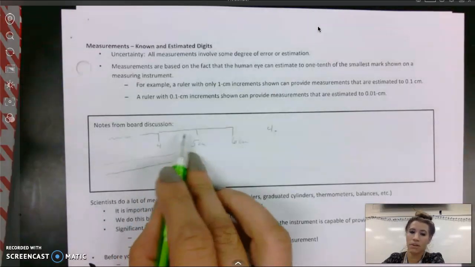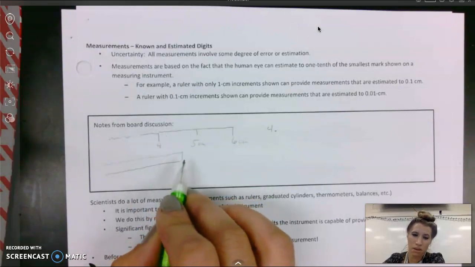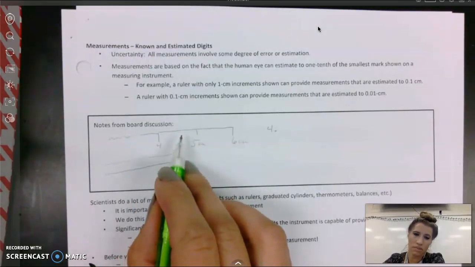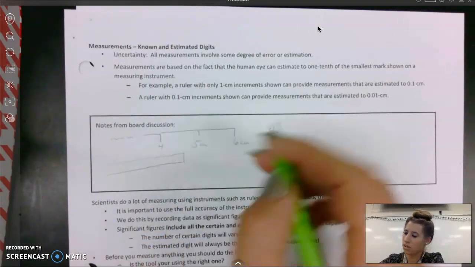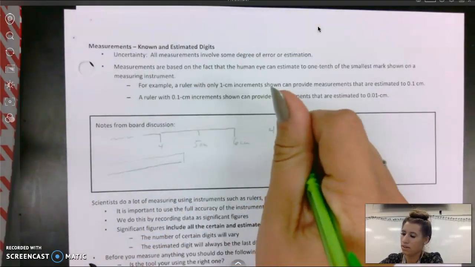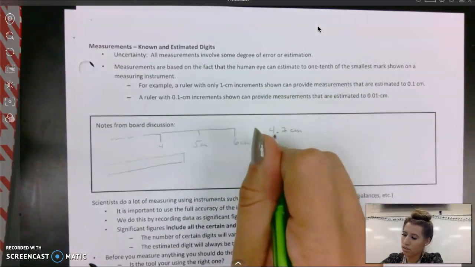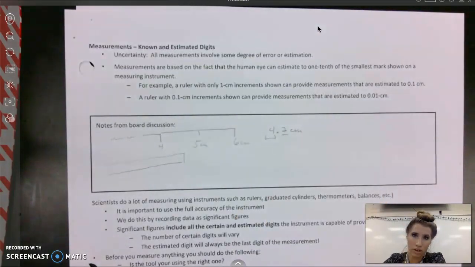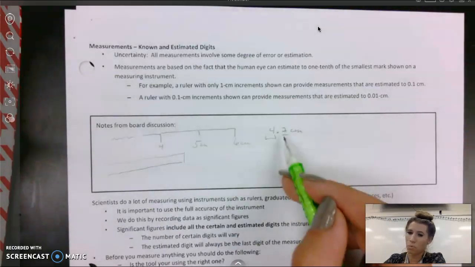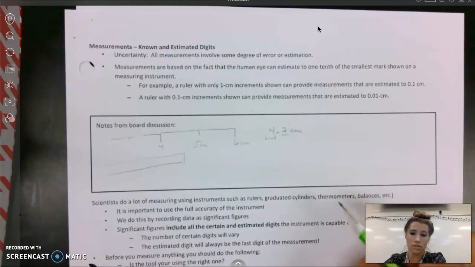Now I'm going to estimate between these calibration marks, and I estimate that it's 7/10 of the way to the next calibration mark, so that would be 0.7 centimeters. This value I was certain of, and then this one was my estimation. Every single measurement we make will have only one estimated digit, but it could have multiple certain digits.